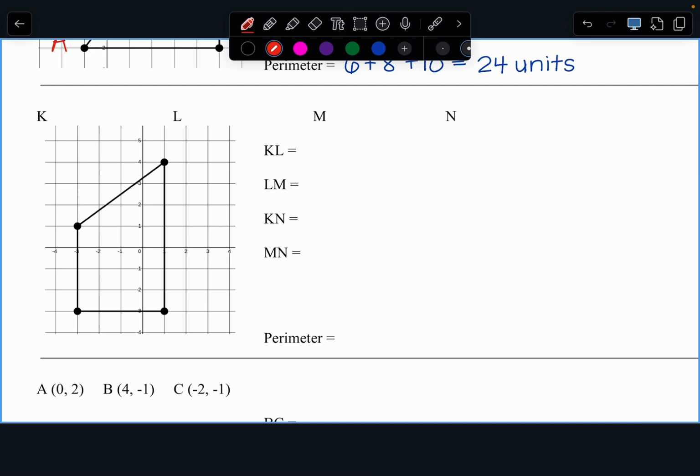Going to do the same thing here. We're going to start with this bottom left-hand corner as K. To the right on the bottom is L. Top right is M. Top left is N. So let's go ahead and write the ordered pairs for each of those points.